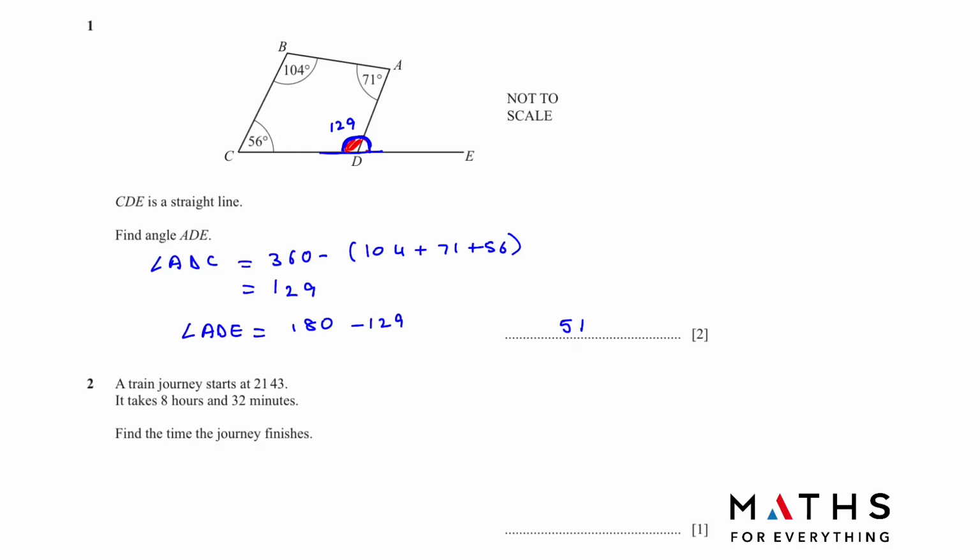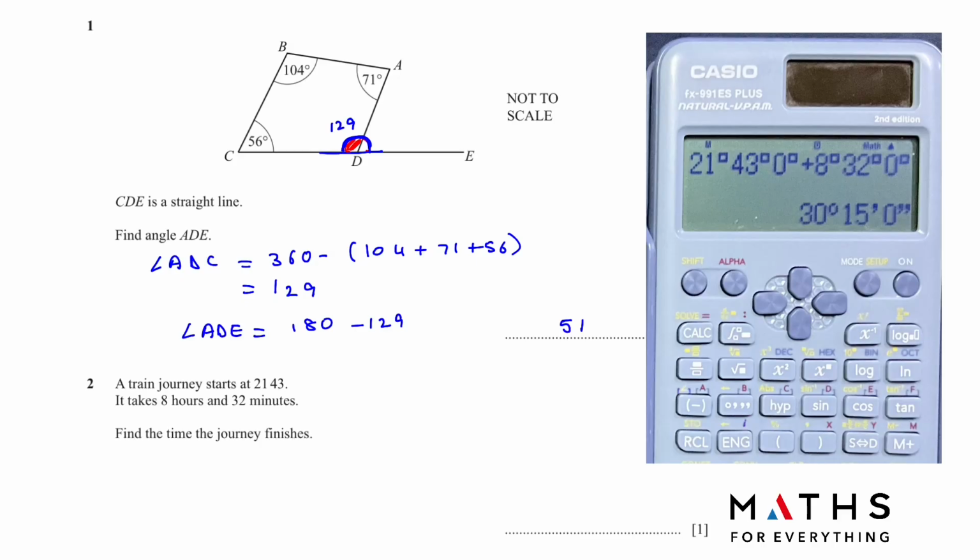Next question, a train journey starts at 21:43. It takes 8 hours and 32 minutes. Find the time the journey finishes. You can use the calculator to get the answer. You write 21 because that's what your journey starts with, and then press this button, because 21 is the hours.